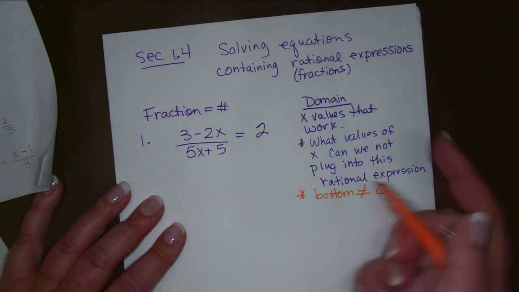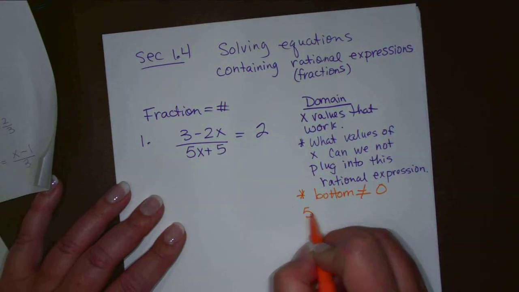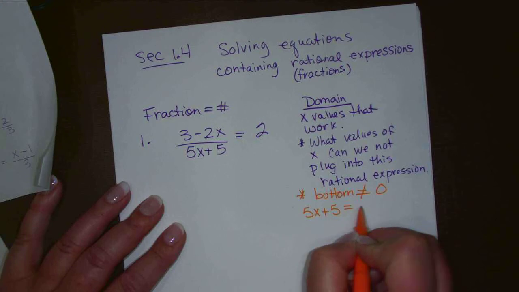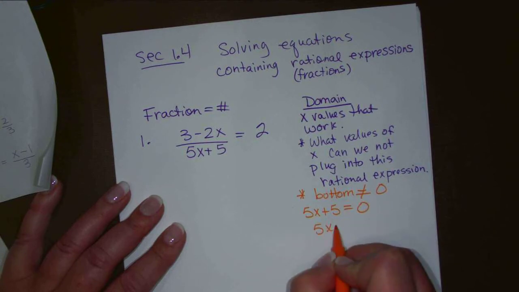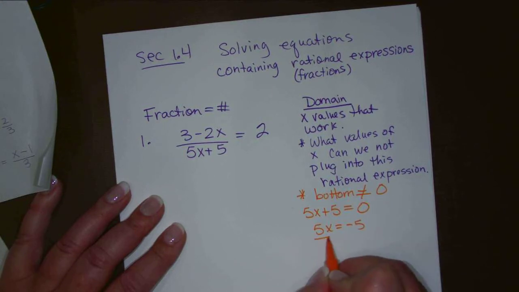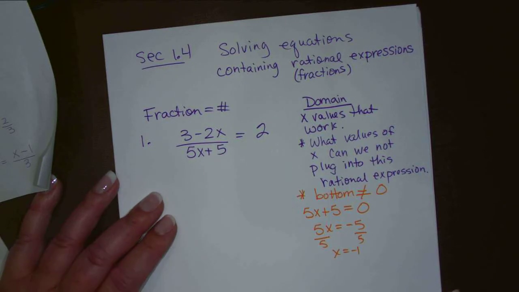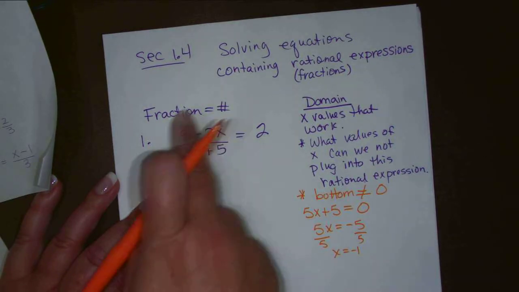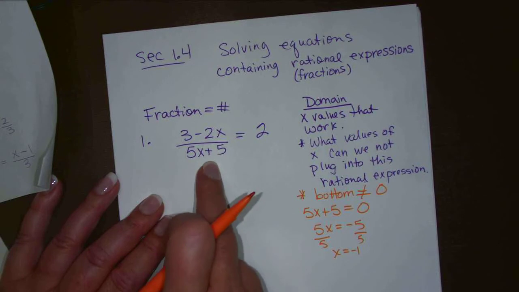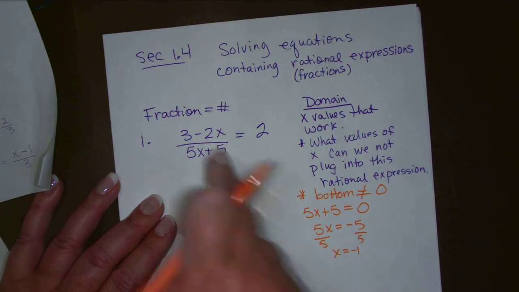So you take the bottom, the denominator, set it equal to 0, and solve for x. We get -1. So what does that mean, x equals -1? That's the number that if you plugged it into this whole thing, you would end up with a 0 on the bottom and you'd have to write undefined. Does that make sense? So that's the number that doesn't work.